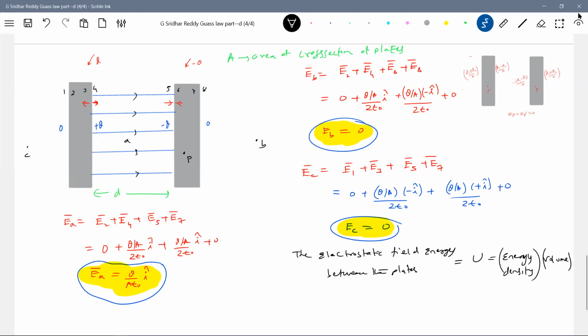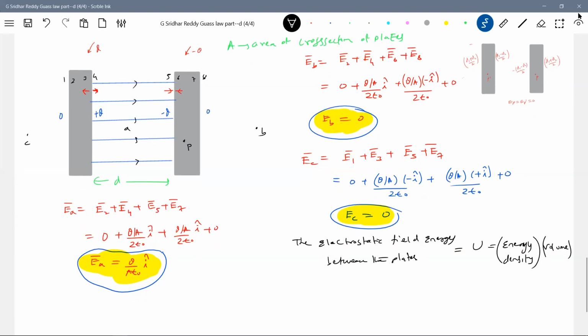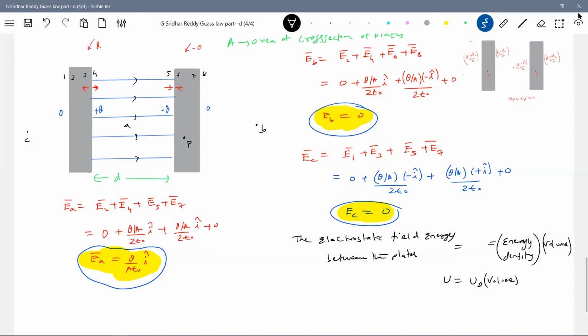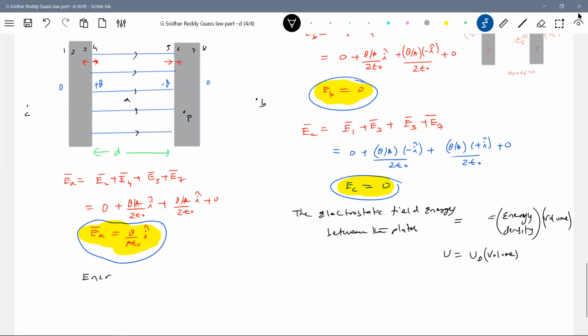Can you remember in elasticity, we defined energy density? Similarly here, electrostatic field energy per unit volume. The symbol will be U_D, into volume. What is that electrostatic field energy density? It is given by half of epsilon naught E square.